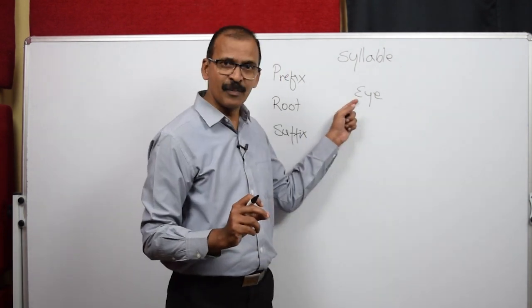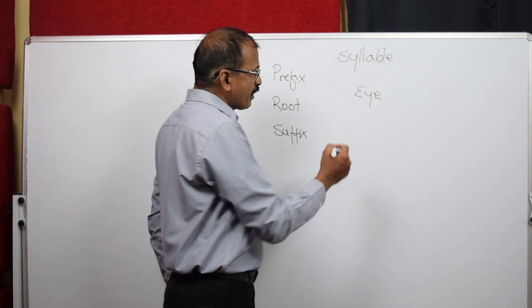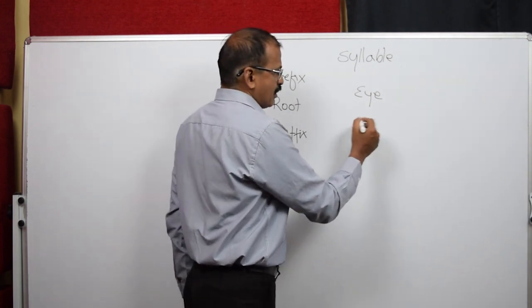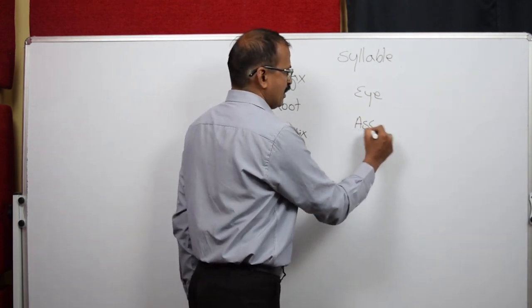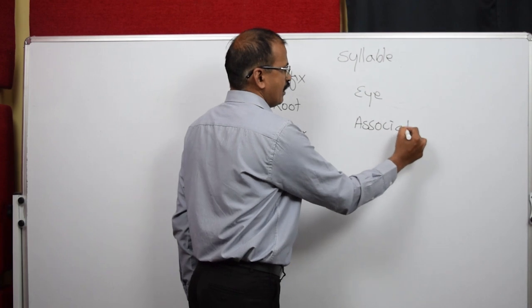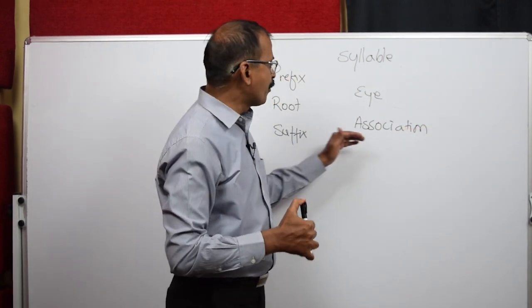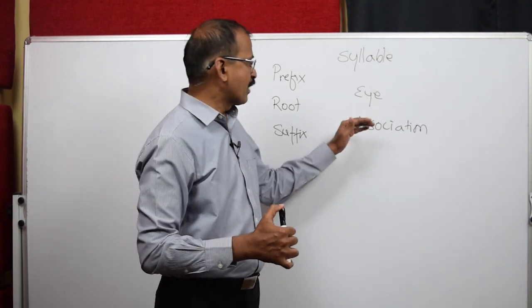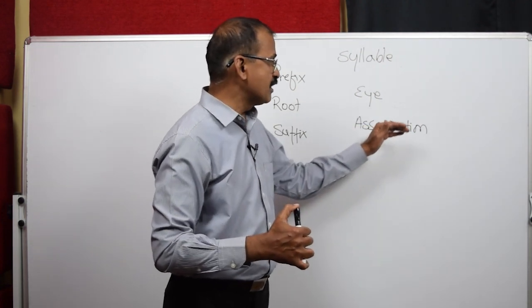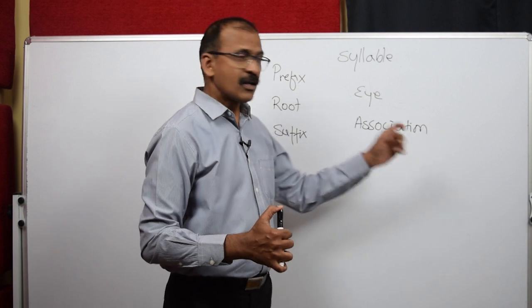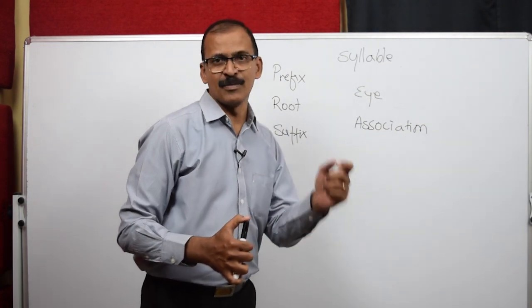This is one syllable. Or if I take another word, let us say association. Now, it is not one sound, there are a number of sounds. Each sound is a syllable.